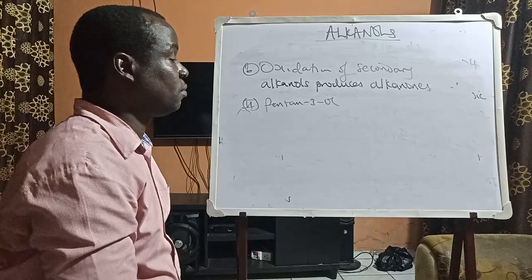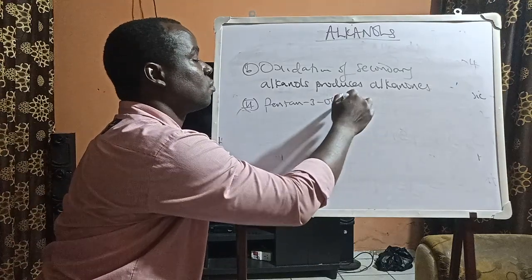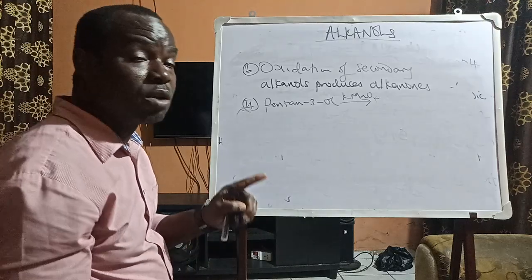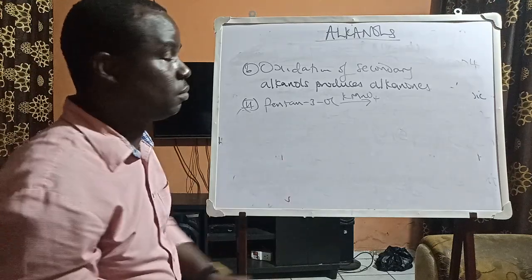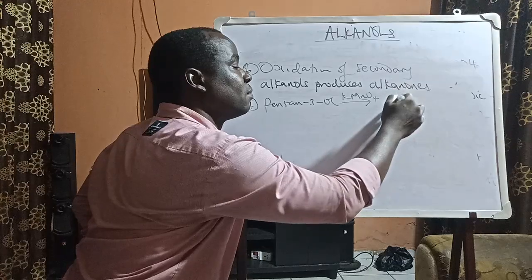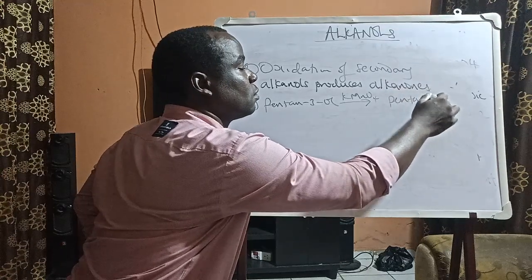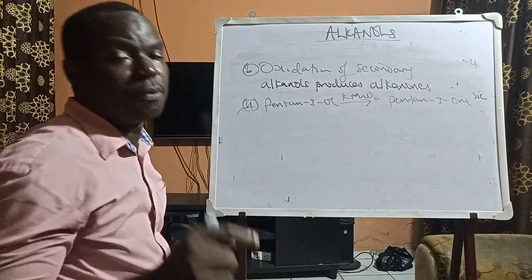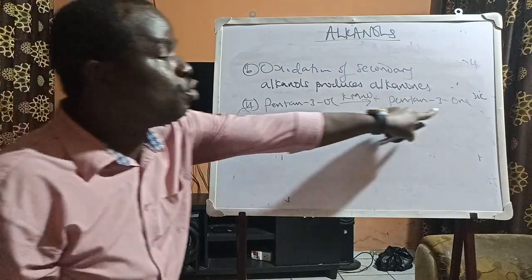Let us do it. If you oxidize it, remember that it is a secondary alkanol because it's not 1-ol. It will form pentan-3-one. Pentan-3-one. So the ol will change to one.